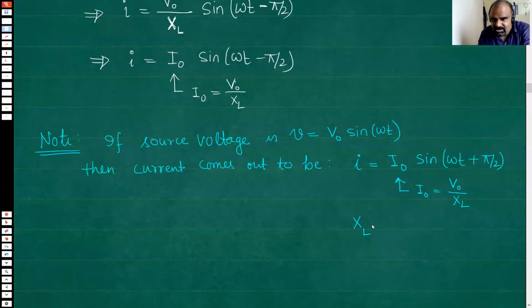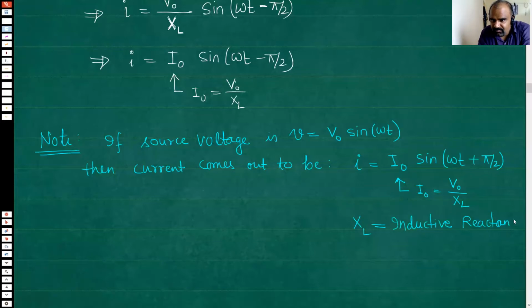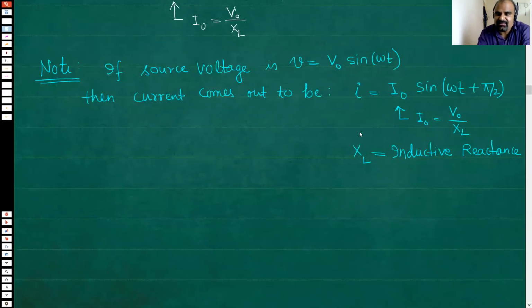XL is called reactance, but this time inductive reactance. Last time also XC was there, and it was also called reactance, but it was called capacitive reactance.